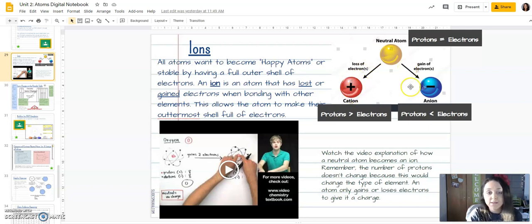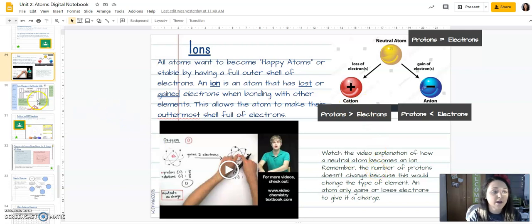If we've gained electrons or we gained negativity, we overall have a negative charge and we are an anion. So if we gain electrons and our negative is greater, we're an anion. If our positive is greater and we've lost some of the electrons, we are a cation. And a cation has a T in it that looks like a positive charge, so that might help you remember it.